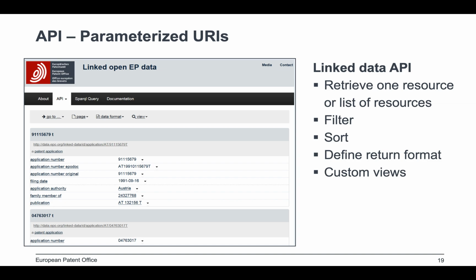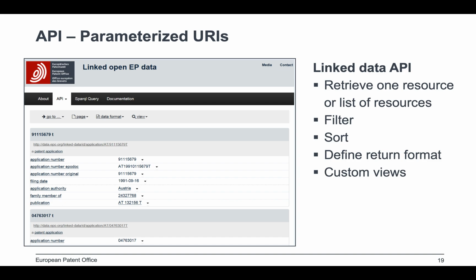For example, you see here that this ID is a publication, it has an abstract, you see the abstract, it has a publication date, you see the date, and it has a title of invention, you see here 3 titles in German, English, and French. And if this is an object, in this case it's not, but for example the applicant, you can click on it and you're changing the focus and you're now seeing information about that applicant.